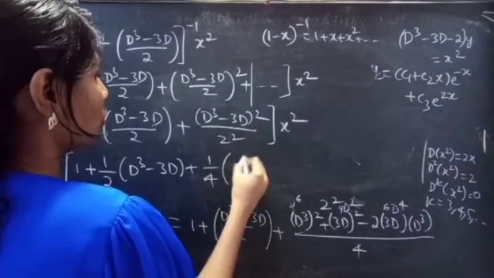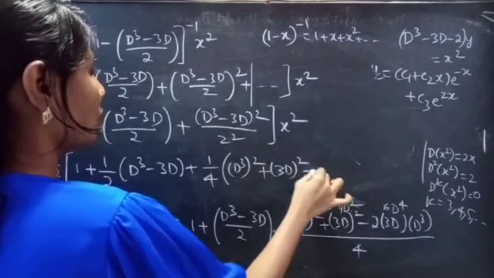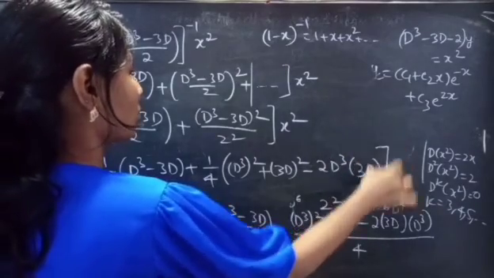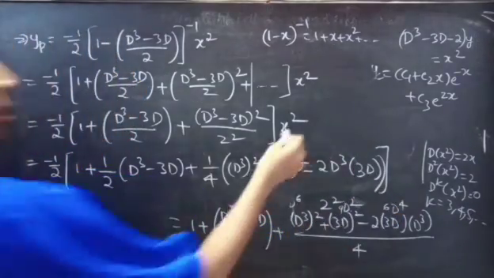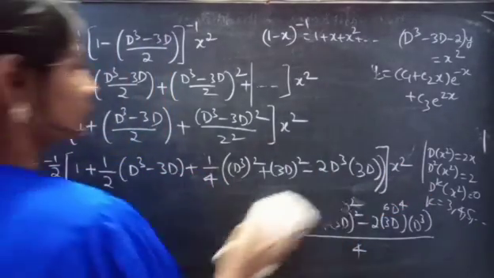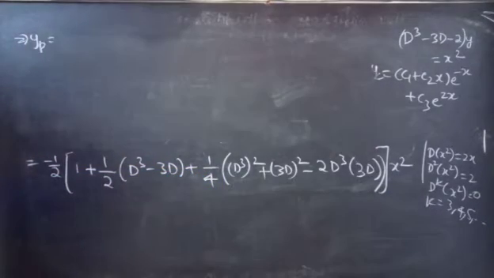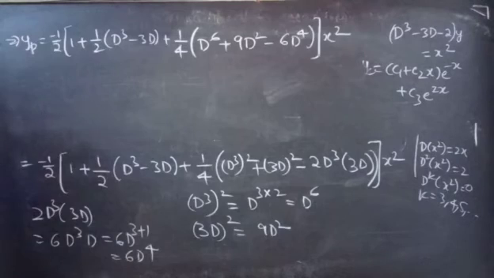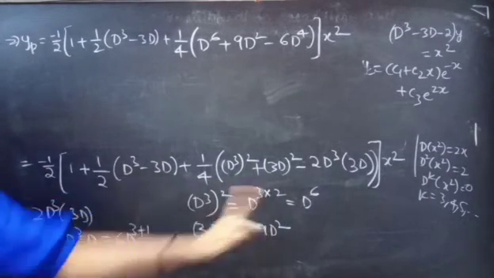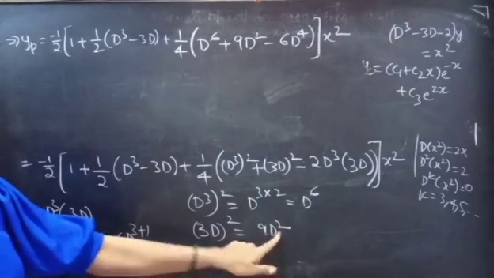The expansion is d cube whole square plus 3d whole square minus 2 into d cube into 3d, into x square. d cube whole square is d power 6, and 3d whole square is 9d square.